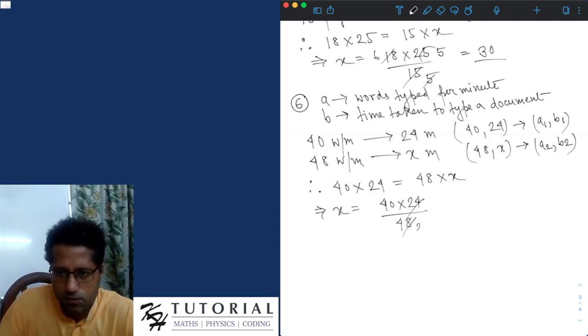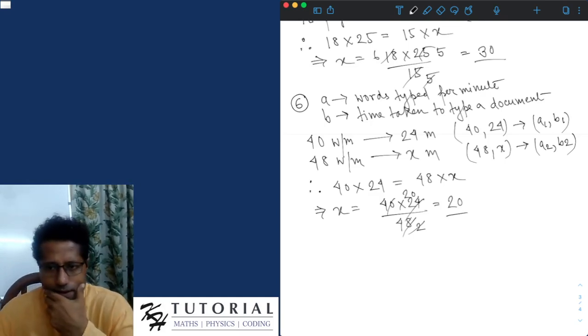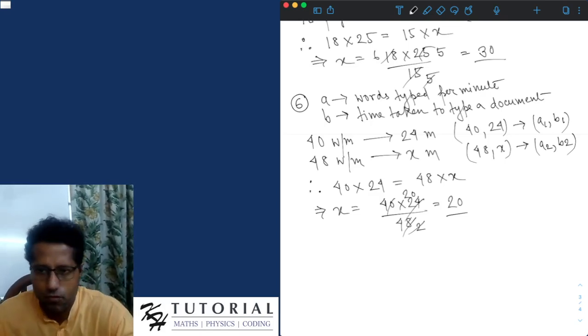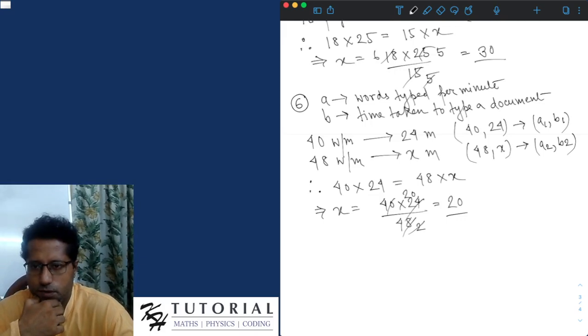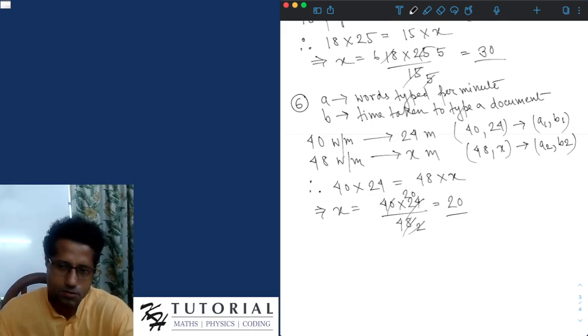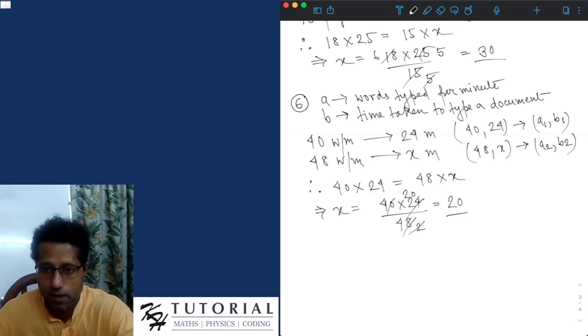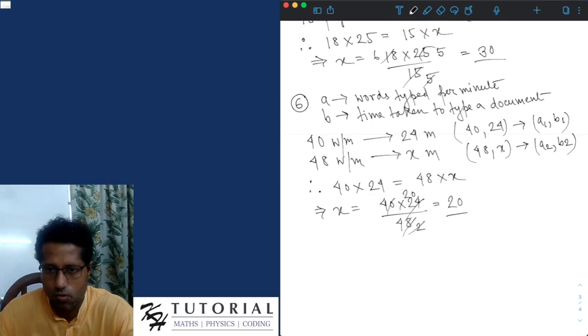So this is 20. Geeta will take 20 minutes to type the same document with a typing speed of 48 words per minute, which is quite meaningful, because Rita is taking 24 minutes to type the document with a typing speed of 40 words per minute, and Geeta has a higher typing speed than Rita, so definitely she will take less time.